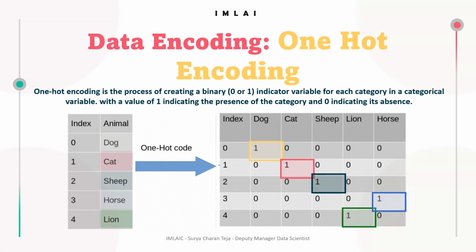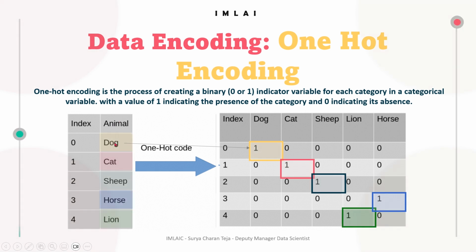So now let's look into the third technique in data encoding, that is OneHot. After the OneHot encoding, we'll be looking into the dummy encoding. But before we enter into the dummy encoding, let's wrap this up.